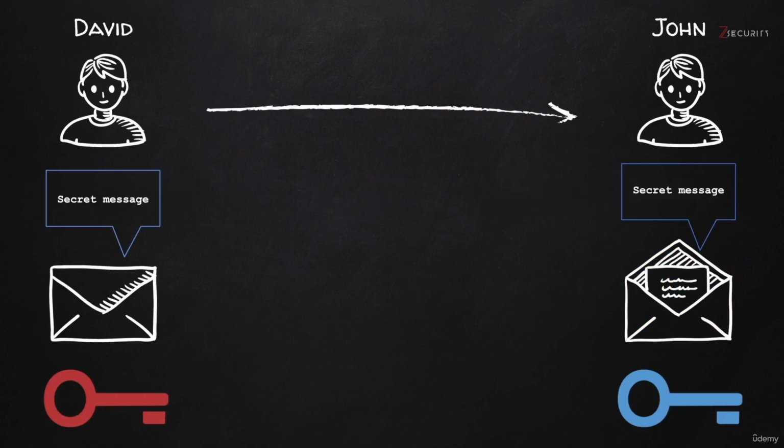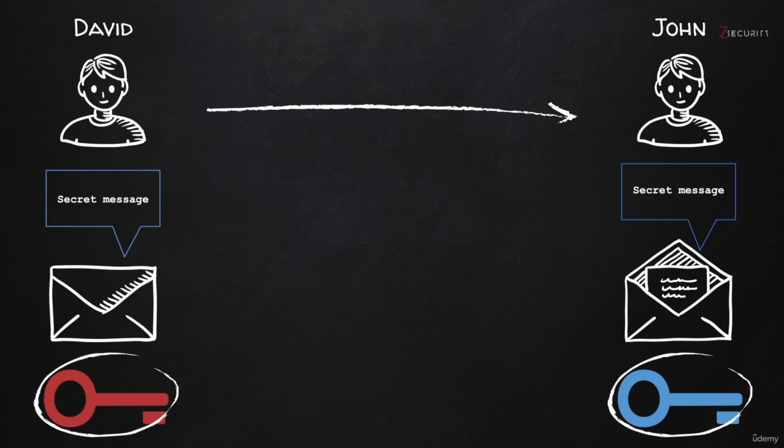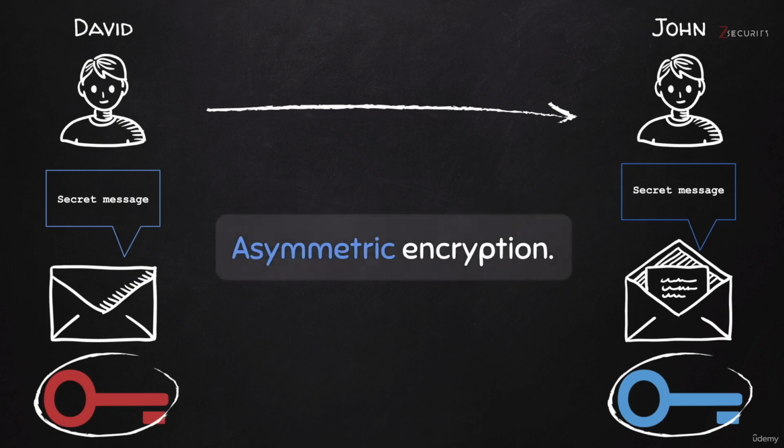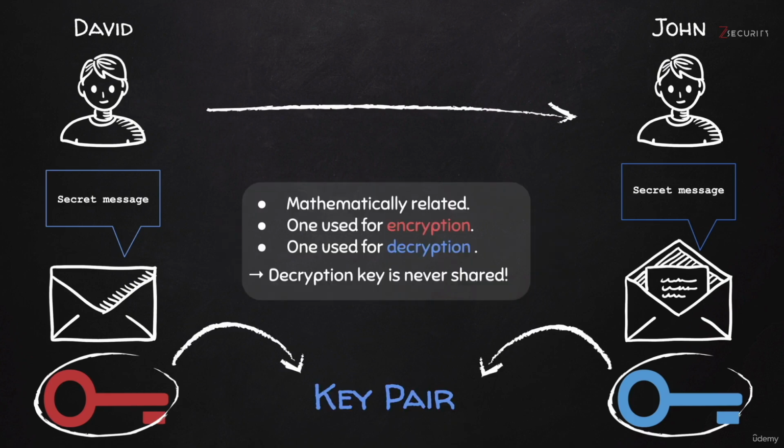So as you can see in this encryption, two different keys are used, and hence the name asymmetric encryption. Now these two keys are referred to as a key pair. They are mathematically related. One is used for encrypting the message and the other is used for decryption. Therefore, the decryption key is never shared, and that's why it's more secure.